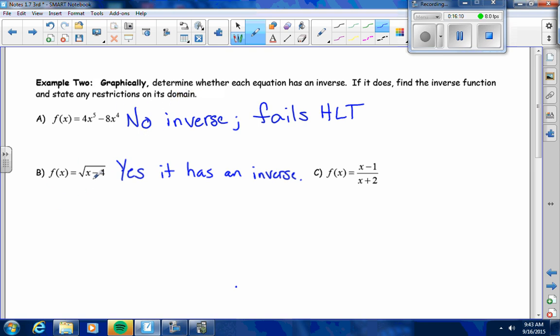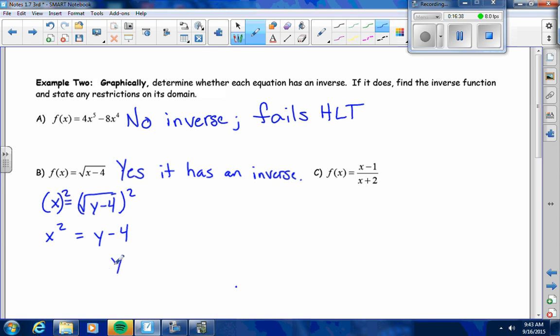So what is it that I do with this original function to be able to find the inverse function? Switch x and y. So instead of y equals square root of x minus 4, it's x equals the square root of y minus 4. Now what do we do? Square both sides. So x squared equals y minus 4.